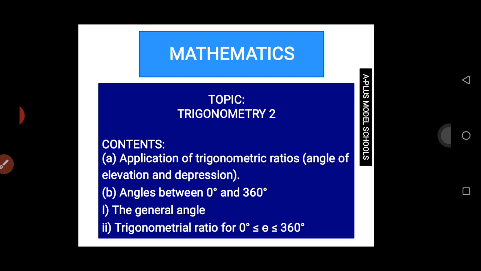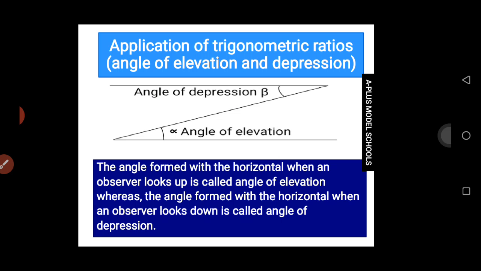So let's start with angle of elevation and depression. When we are talking of angle of elevation, it simply means, let me use simple English whereby you can understand. When you stand upright and you focus to the front view, looking straight, let me give you an instance.